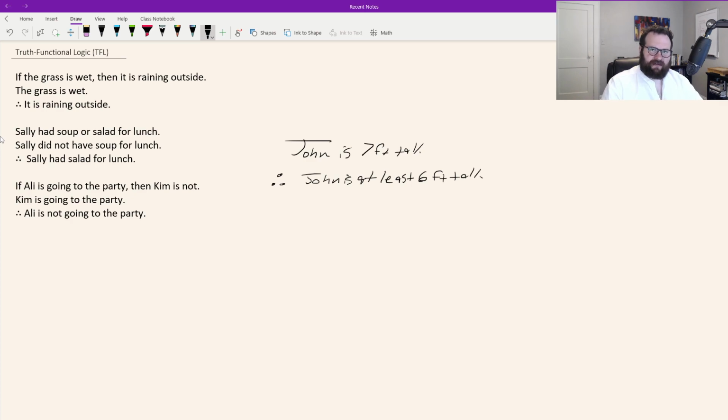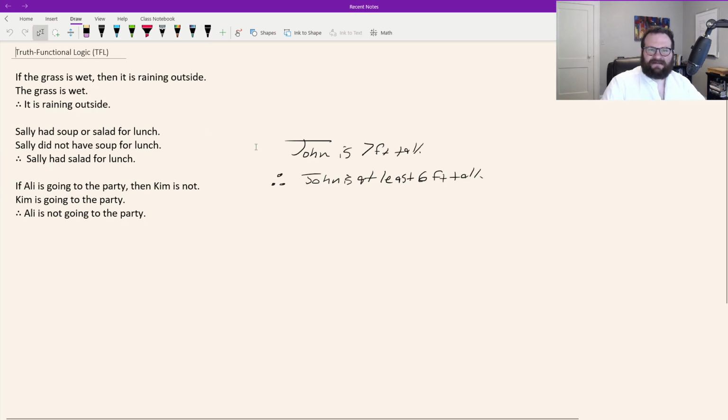When we're doing TFL, we're not looking at arguments like that. In TFL, an argument like this one is invalid, right? So while this might be valid in a much broader scope, within TFL, it's not. Okay. Why?